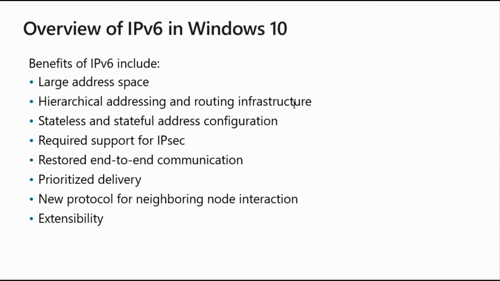Hierarchical addressing and routing infrastructures, stateless and stateful address configurations, required support for IPsec, restored end-to-end communications, prioritized delivery, new protocol for neighboring node interactions, extensibility. So IPv6 has some advantages.